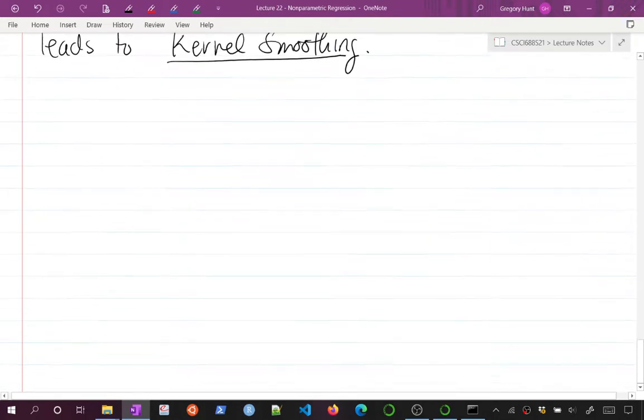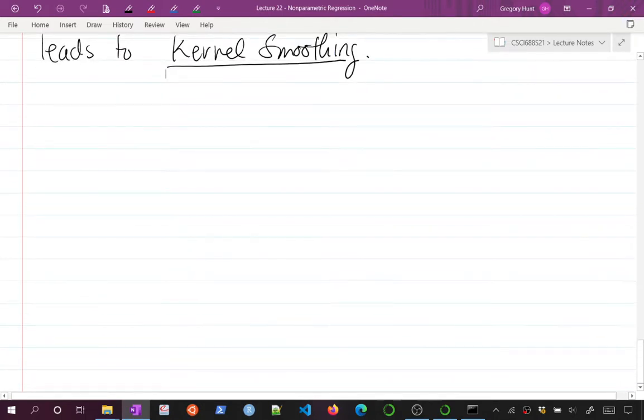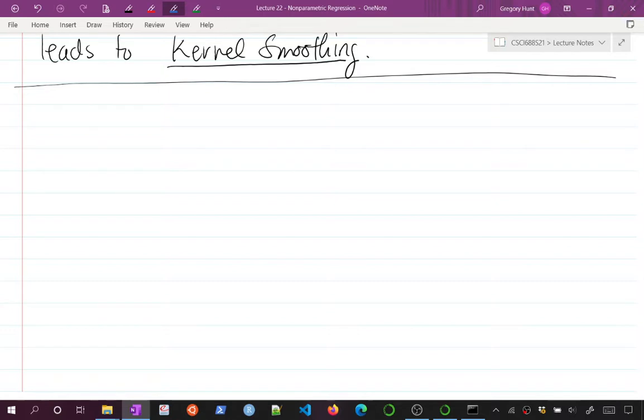The name kernel smoothing comes from what is called a kernel function. This word kernel, like non-parametric, is way overused in mathematics. It has several definitions just in the statistical realm itself. But for our cases, we're going to define what we call a kernel.